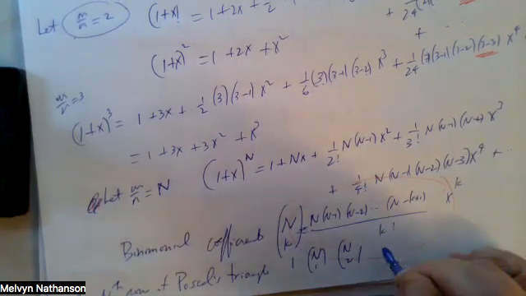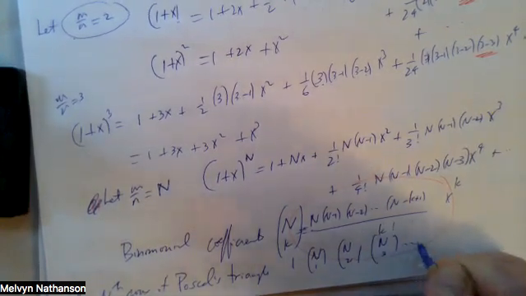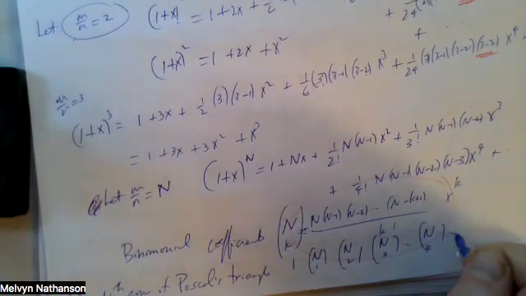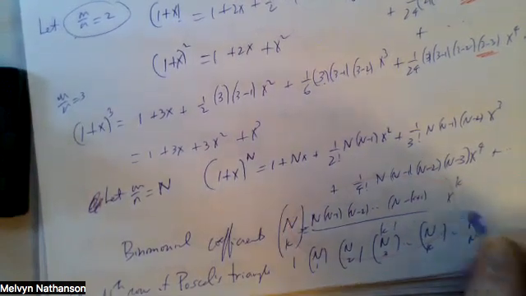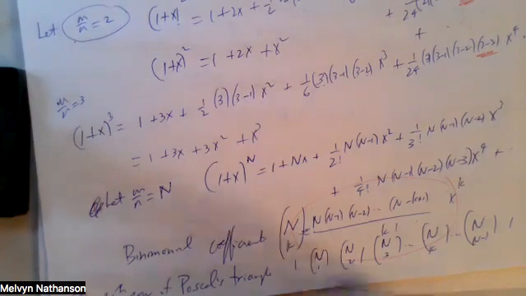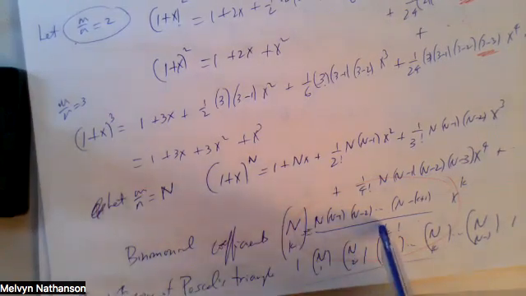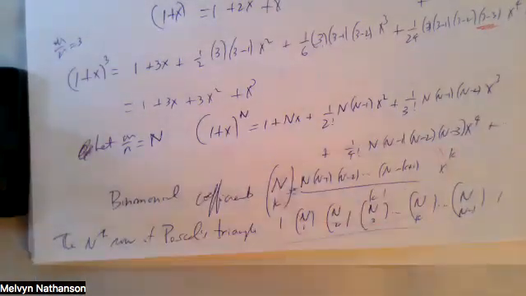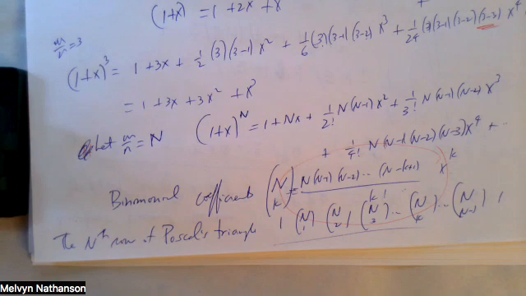That's the way this is written, where these numbers are given by this formula. So you can find the coefficients in the binomial theorem for positive integer exponents by using this formula for what are called the binomial coefficients.